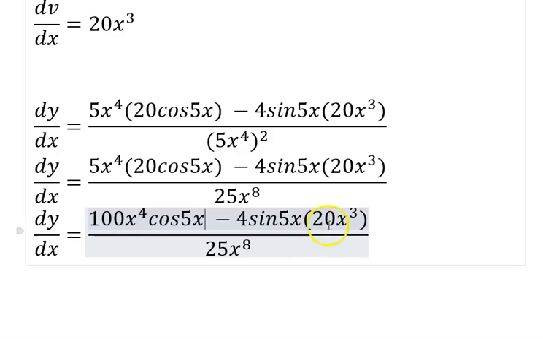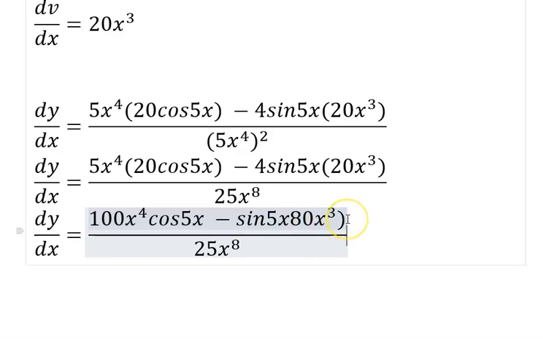In the same vein, 20 times 4 here will give you 80. That means this 4 has gone, so you are left with 80x cubed sine 5x.